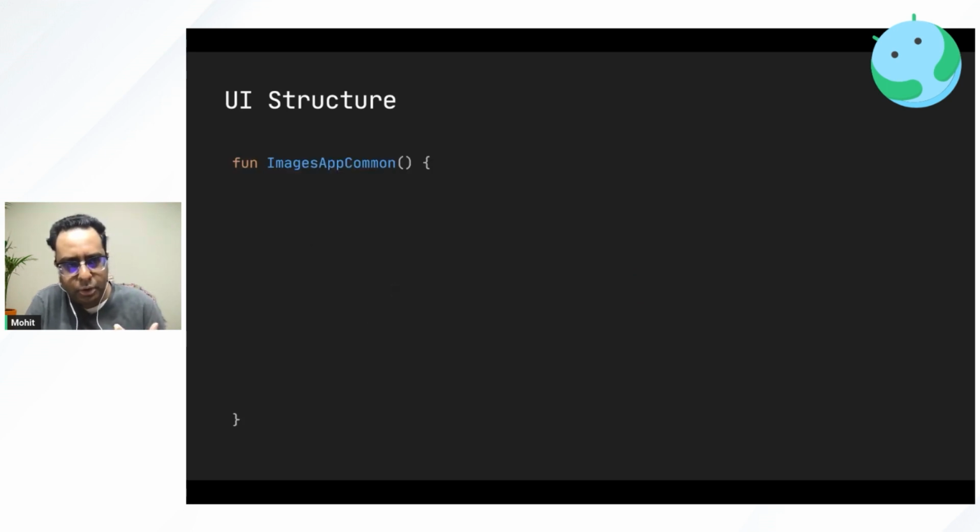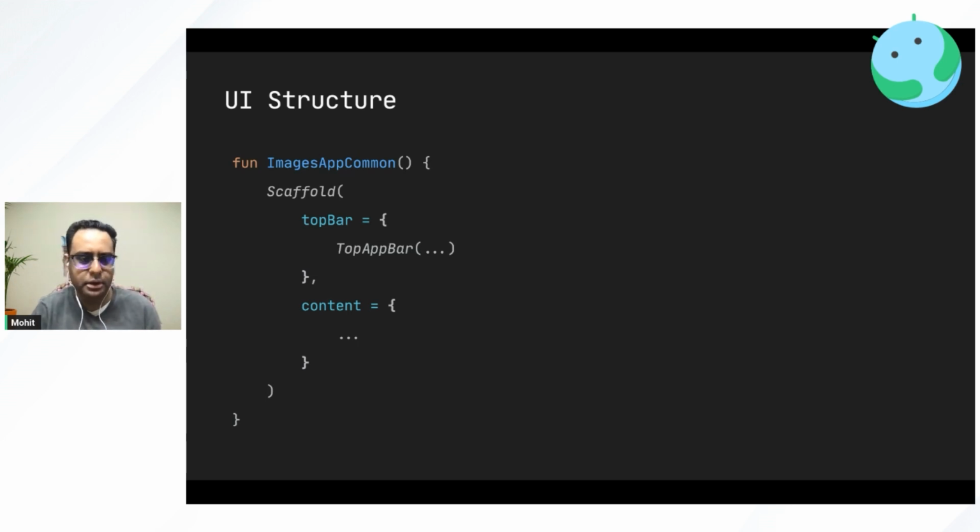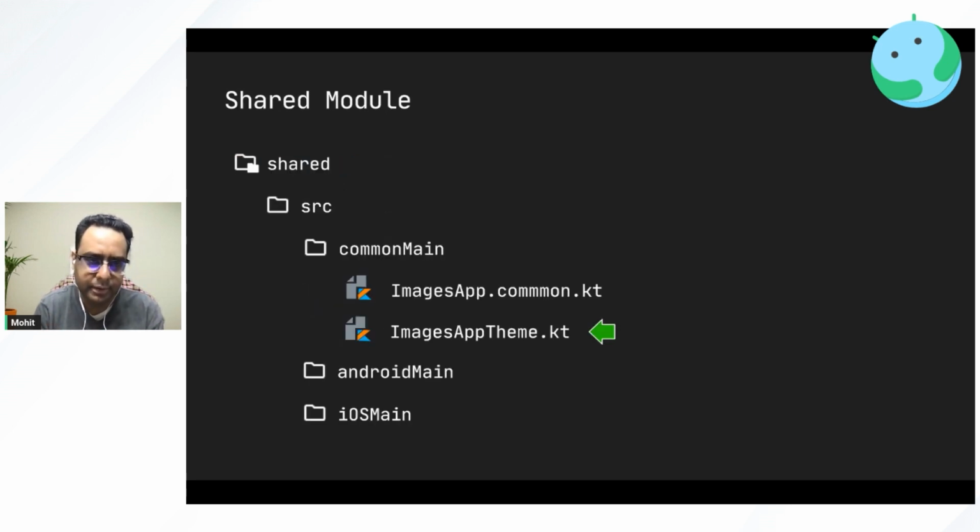So in here, what I'm going to define is a composable function called imagesapp.common that defines a scaffold for the app. It defines a top bar and some form of content. So this is the main root of the app that you're going to share. This is the view you're going to share, and the Android and iOS apps will utilize this.